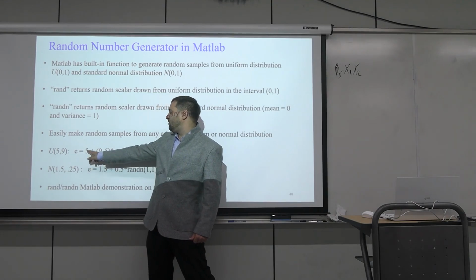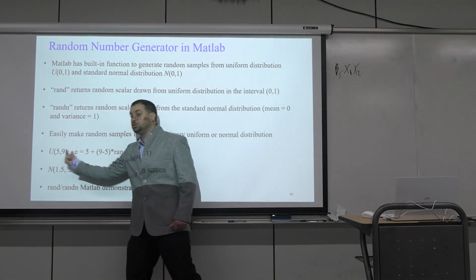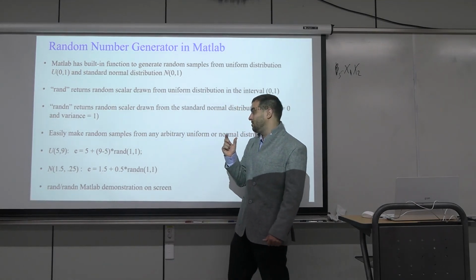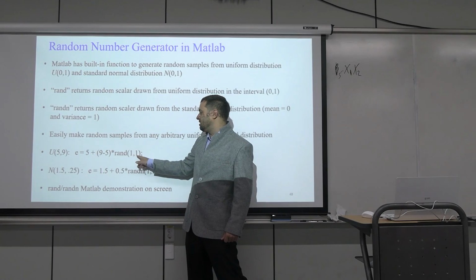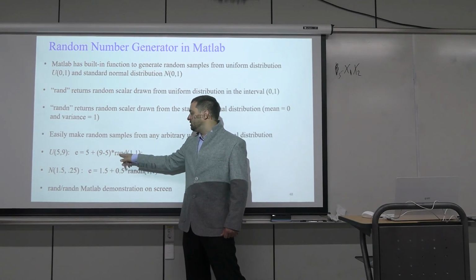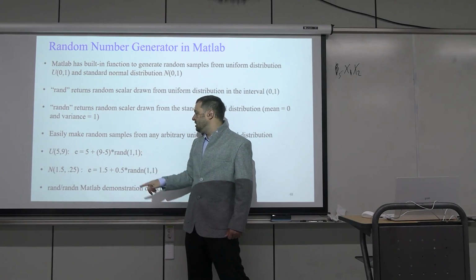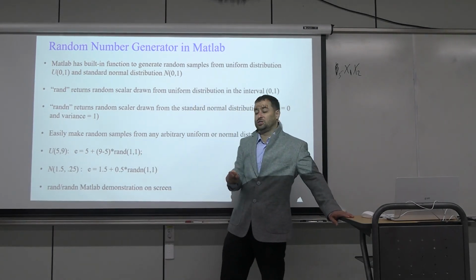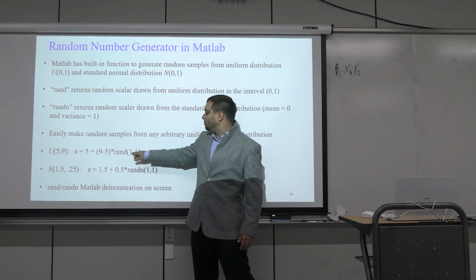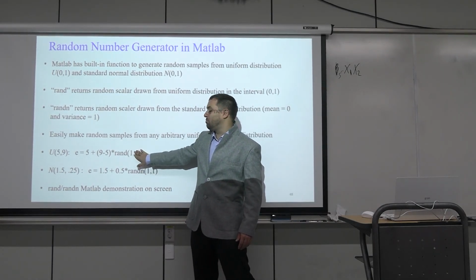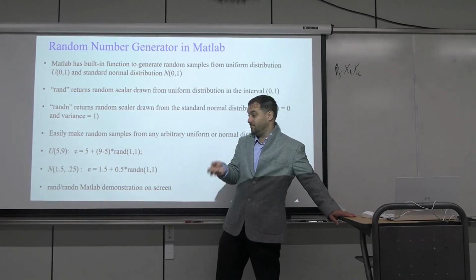So E equals 5 plus (9 minus 5), or basically the range of that uniform distribution, times rand(1,1). These functions, rand and randn, with the first two inputs, will generally return a matrix. So if you put rand(100), it will produce a 100 by 100 matrix with uniformly distributed variables.